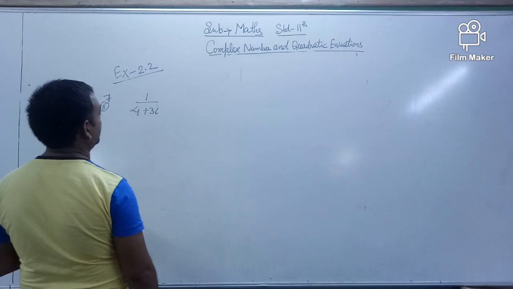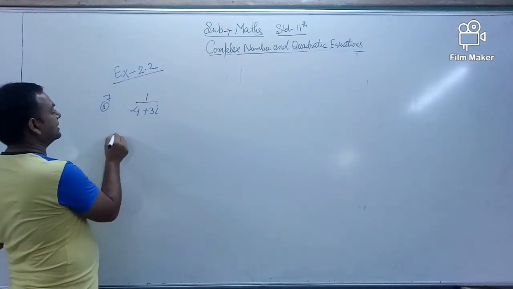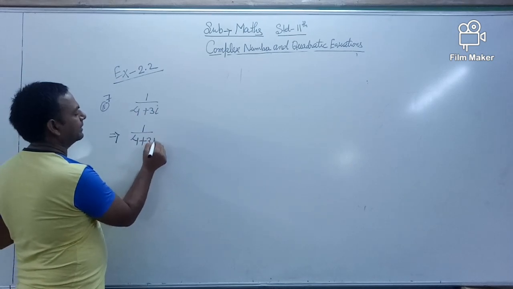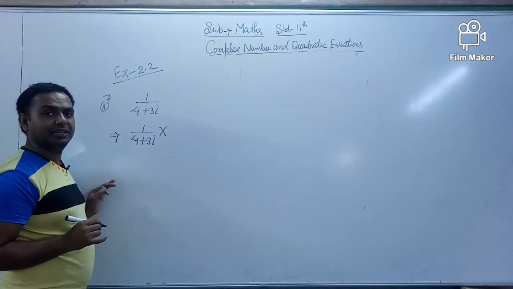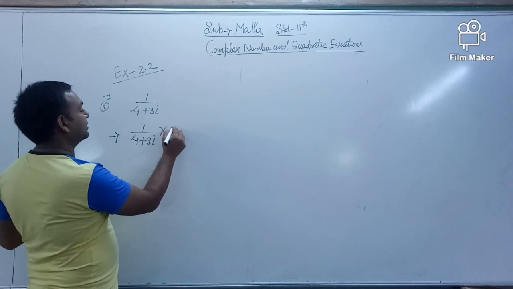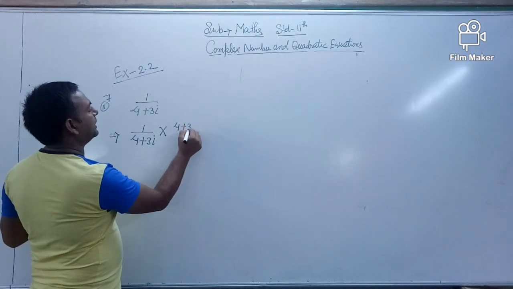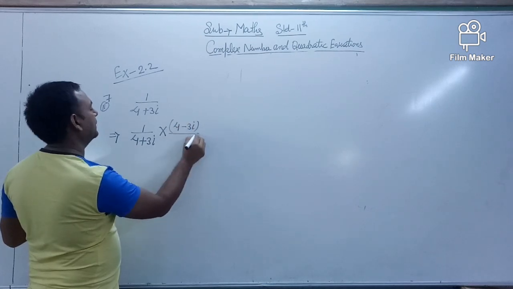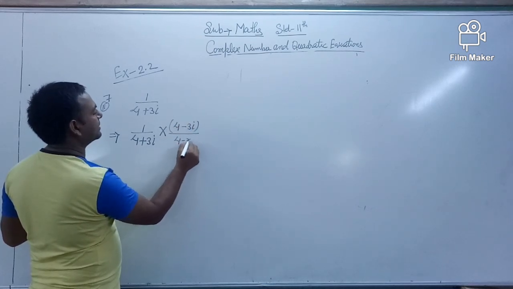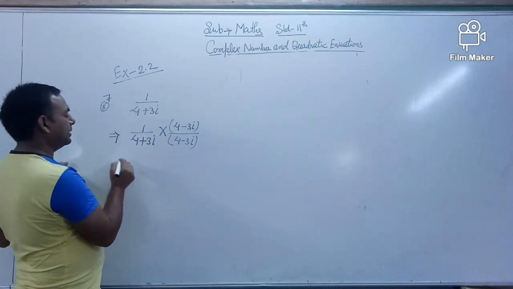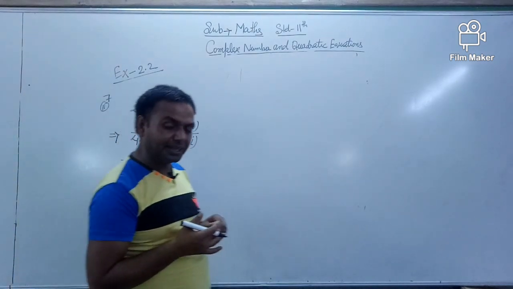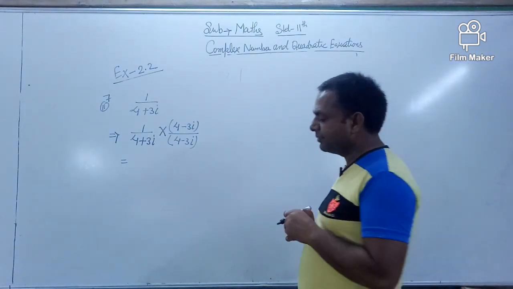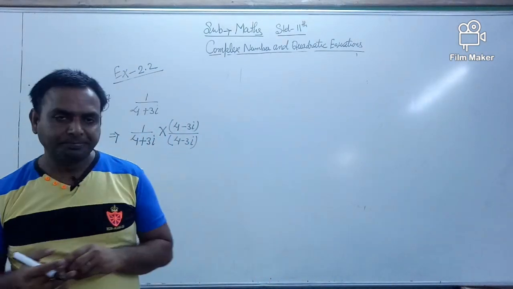In the case of the conjugate, first you write it down in the a plus ib form. So 1 upon 4 plus 3i into, you multiply with the conjugate of that number, 4 minus 3i upon 4 minus 3i. Before writing the conjugate of any complex number, first you write it in the form of a plus ib.